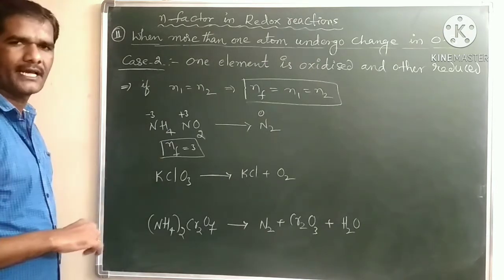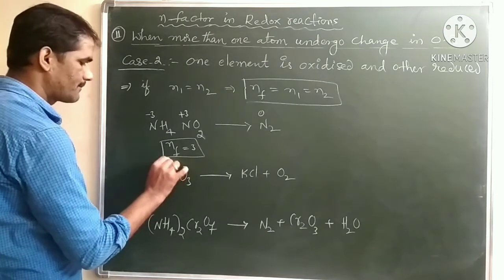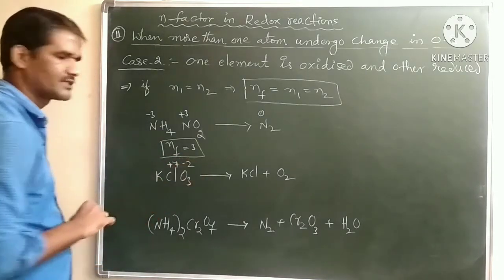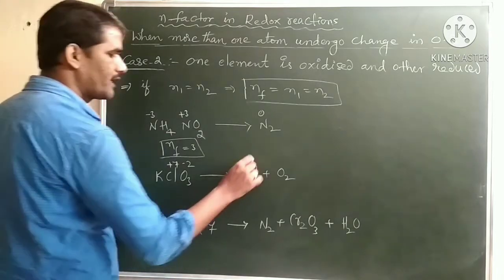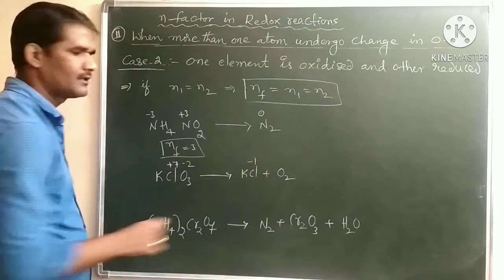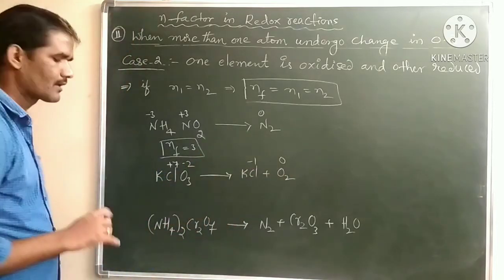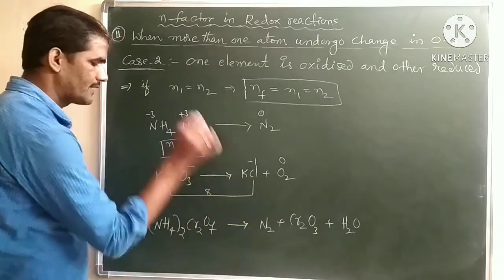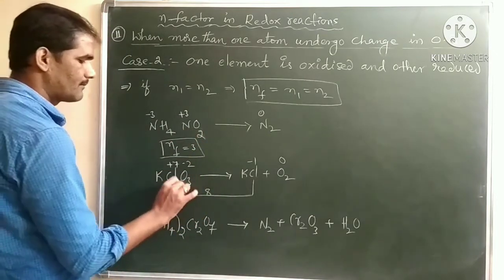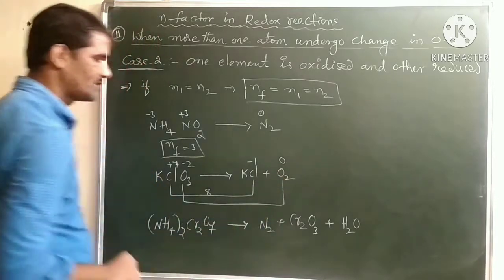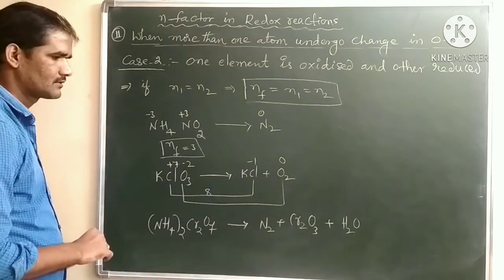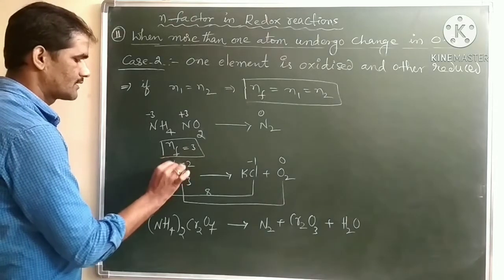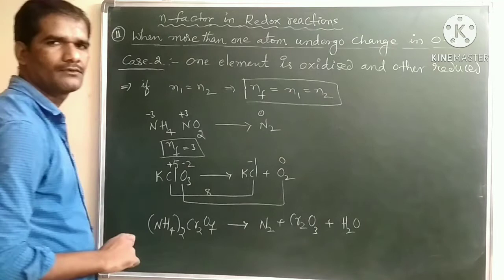And KClO3, potassium chlorate. Here chlorine +7 oxidation state and oxygen -2 oxidation state. And here chlorine -1 oxidation state, oxygen 0. Now chlorine +7 to -1. What is the change overall? 8. Oxygen -2 to 0. Sorry, here it is KClO3.